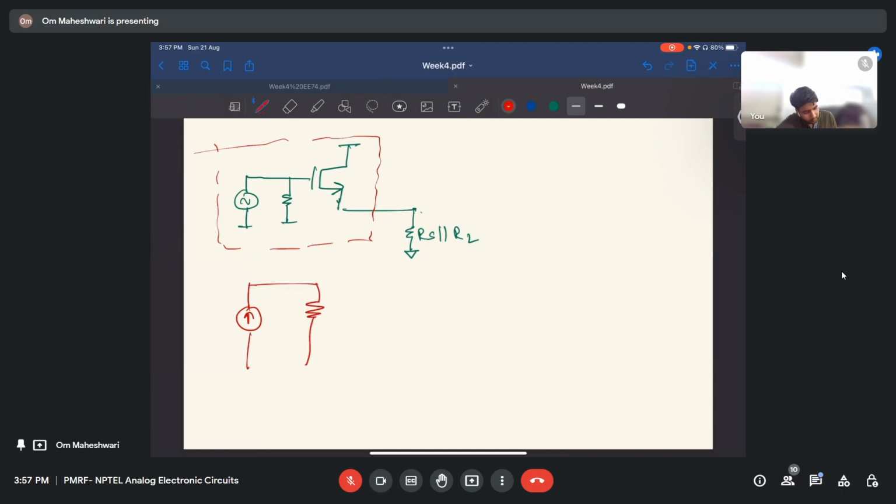For Norton equivalent we always have this kind of circuit, right? And here we connect the load, RS parallel with RL. So if this is IN and this is RN, the direction will be like this only, because IN will be entering here.